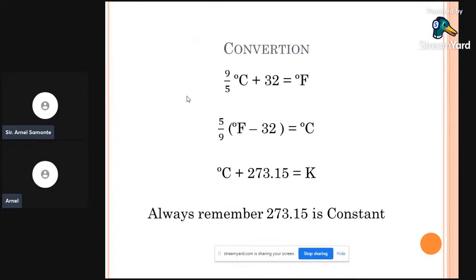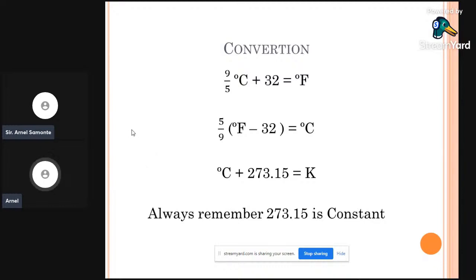Now, how do we convert the temperature from Celsius to Kelvin? Kasi usually naman, given lagi yung Celsius to convert to Kelvin. It simplifies lang po, add 273.15. So, if you have 0 degrees Celsius, that is equivalent to 273.15 Kelvin.